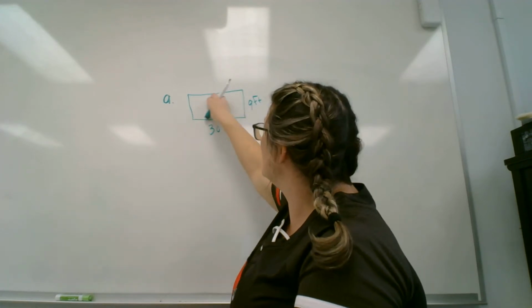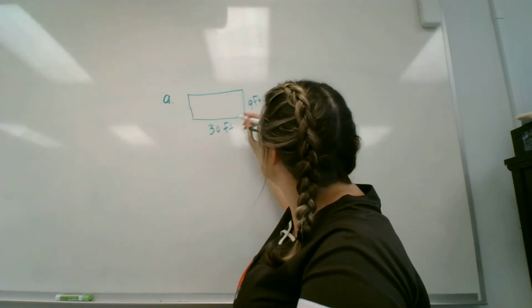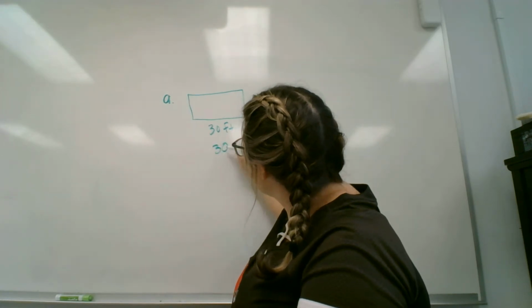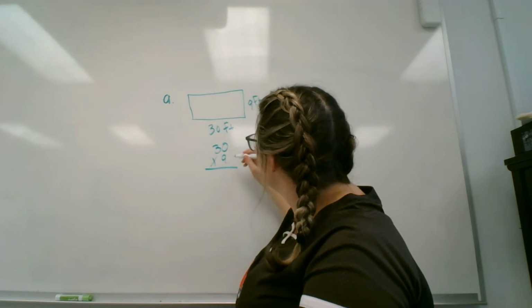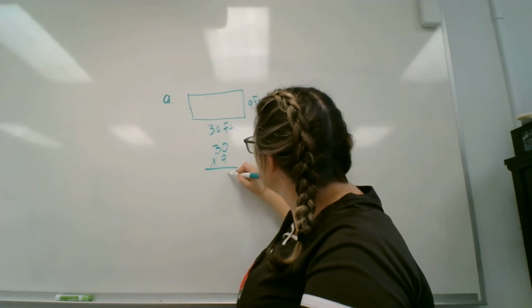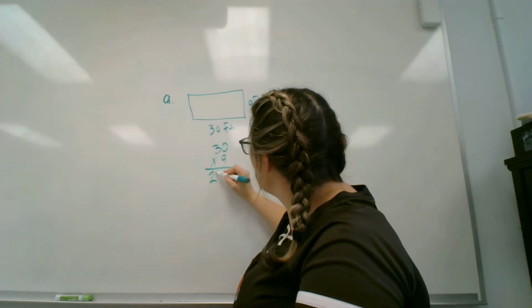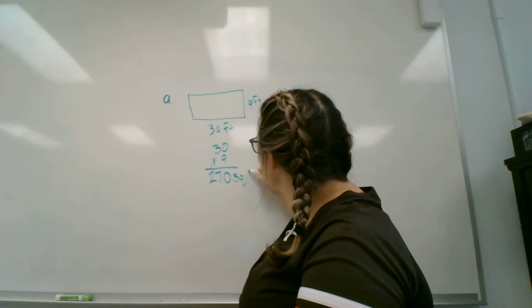The area tells me the entire inside, how many squares there would be inside of this deck. So I'm going to rewrite my problem like this: 30 times 9. 9 times 0 is 0. 9 times 3 is 27. 270 square feet.